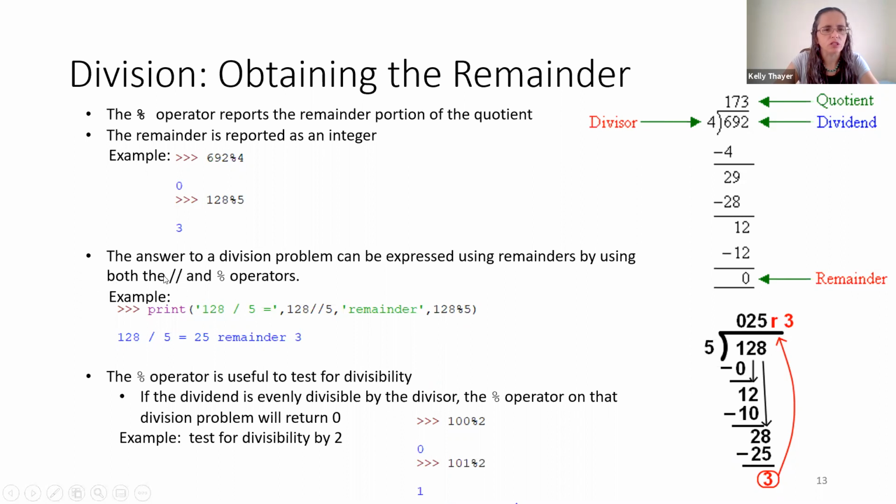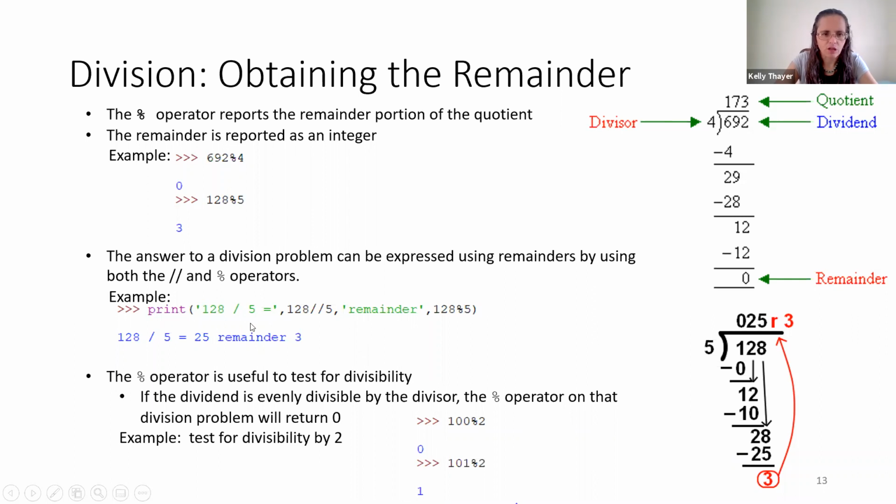So we can use the double slash to get the whole number part and the percent part in order to get the remainder. So if you wanted to, for example, get back the answer in the format of the whole number, remainder, and then how much, we could use an example like this. So I know we're still going to be looking at print in the future, but I think you can follow along with this, right?